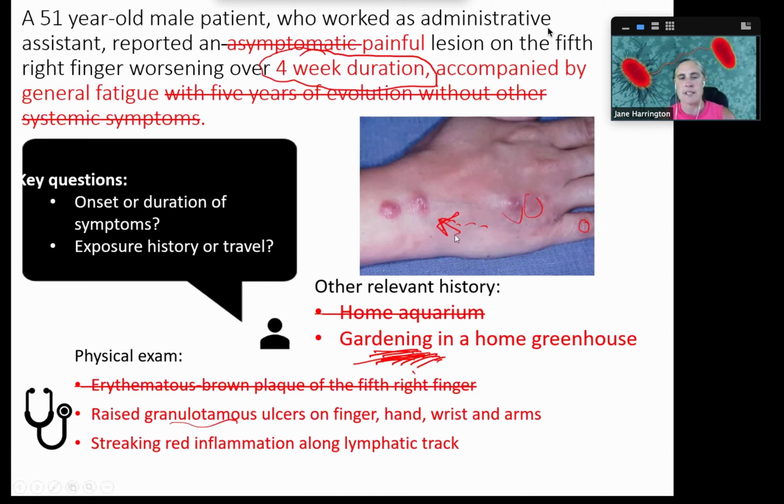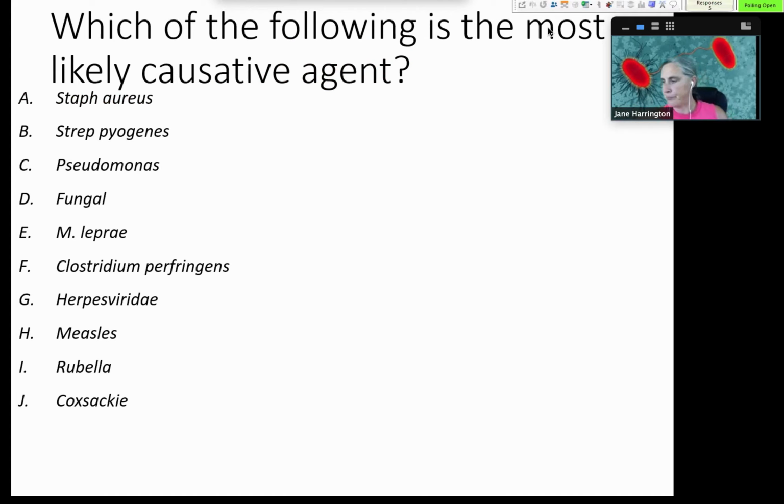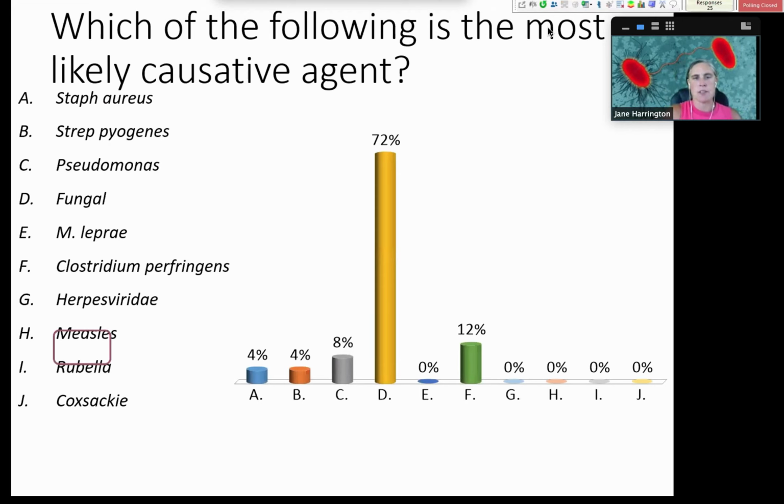Get your clickers out. Yes, absolutely. This is going to be a case of a fungal infection.